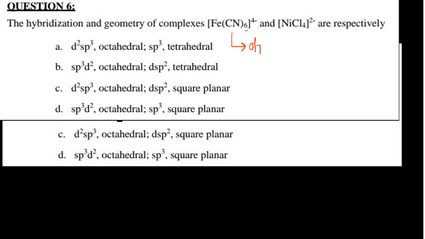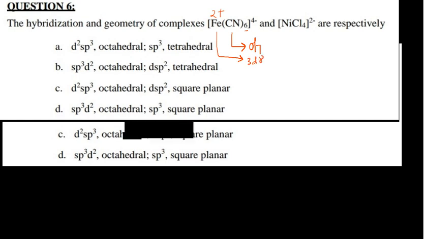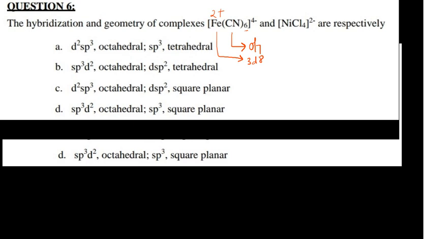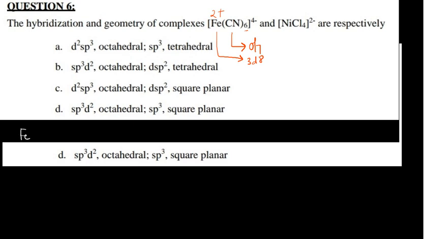In that case, you can see the iron is in +2 oxidation state, and that is actually your 3d8 system, I suppose. Let me check whether it is 3d8 or not. Iron is 26, remove 2 electrons from here. It will form Fe2+, then it will have 24 electrons.